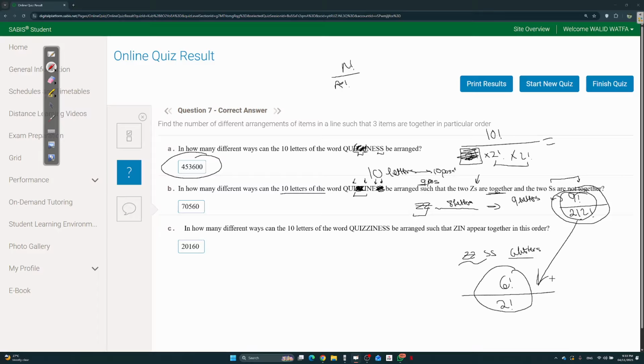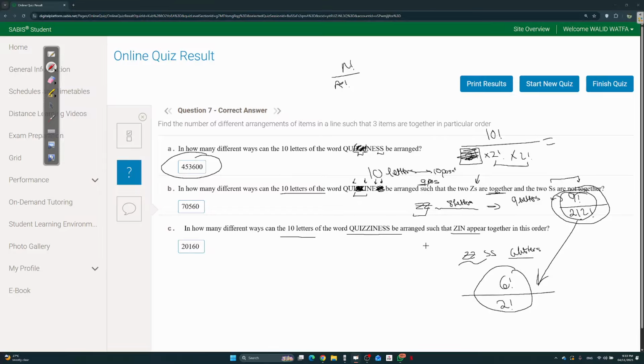What do you do? Subtract them. Subtracting them with each other, you're going to get 70,560.